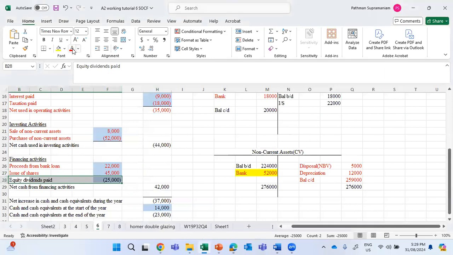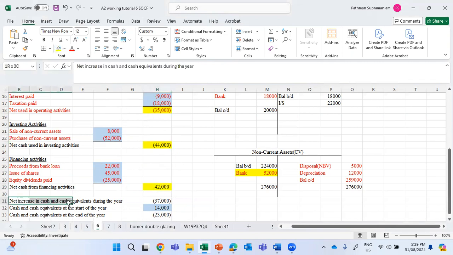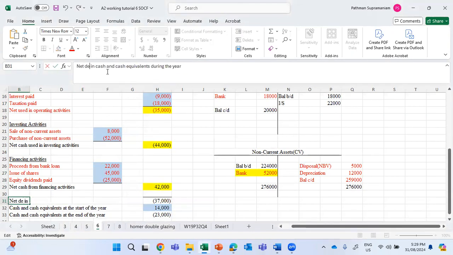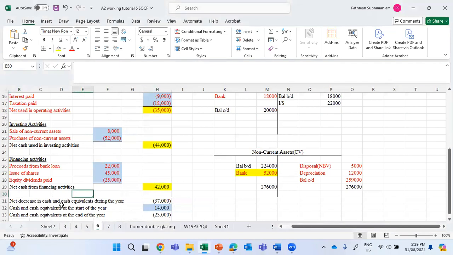Okay. So we sum this up, we get 42,000. Then we total up these three: operating activity plus investing plus financing. We will get a net, so it should be net decrease because it's negative. Net decrease in cash and cash equivalent.